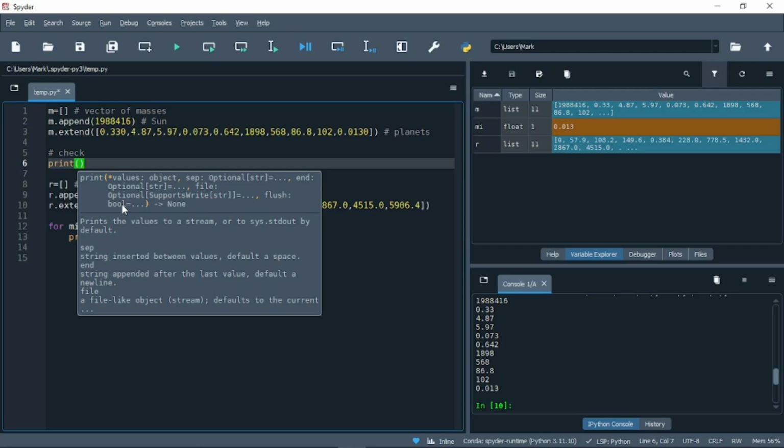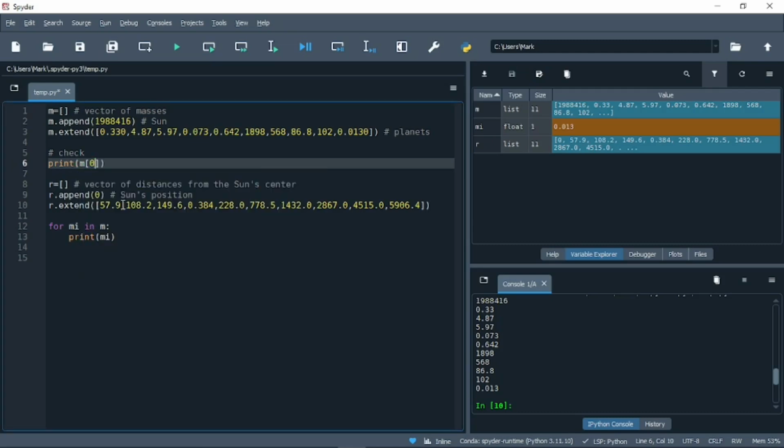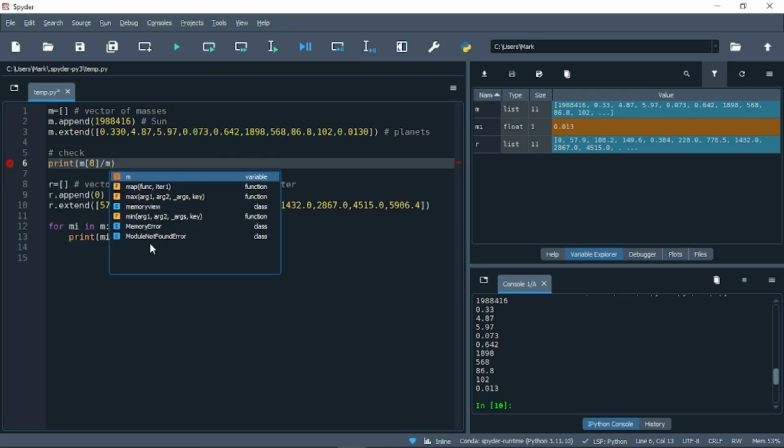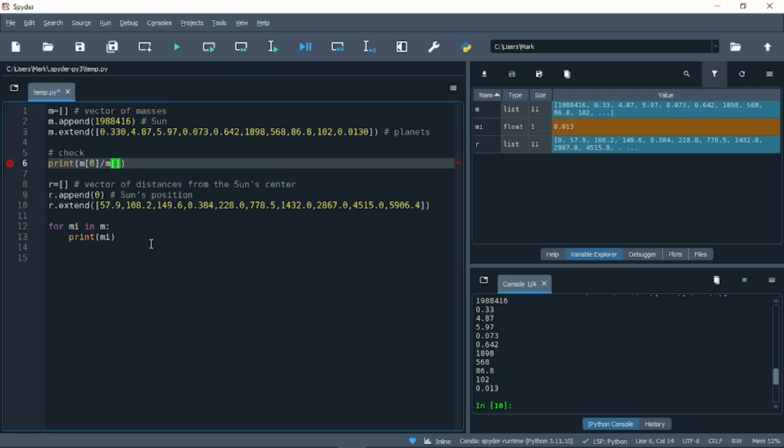Let's print the mass of the Sun, which is m0, divided by the mass of the Earth, which is the third planet, actually index 3 in the vector, because it starts from 0.